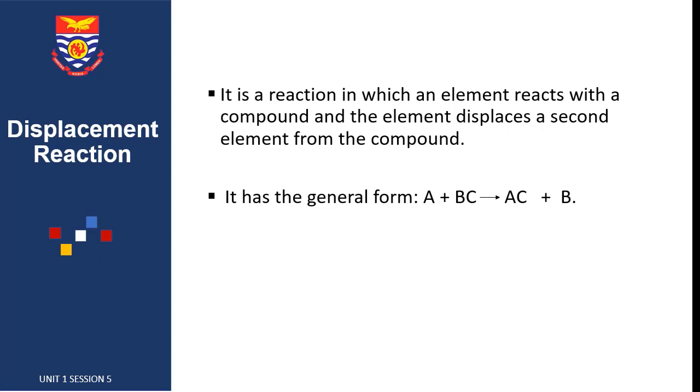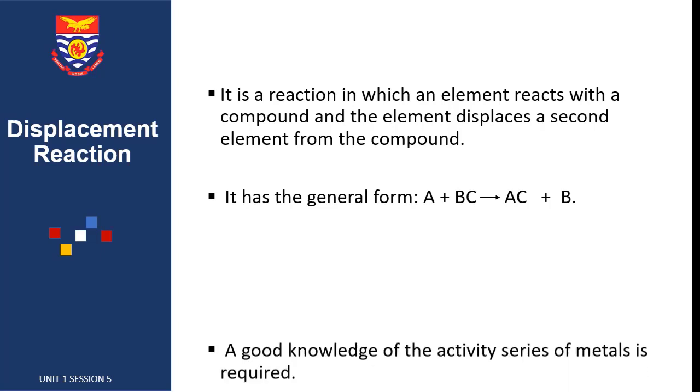And so at the product side, we have AC plus B. Unfortunately, this is a reaction that proceeds only in the right direction. So we don't expect B to displace A back to retain its position.